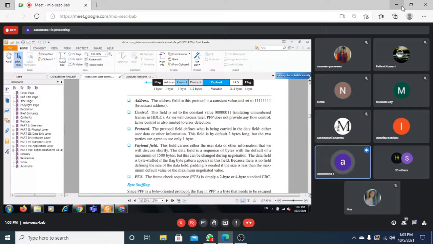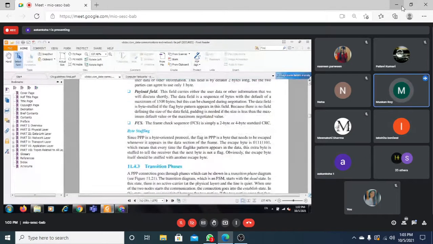Can you give me an example of an escape sequence? Yes, Muskan, can you give me an example? A backslash and then backslash T, something like that. Yeah, so all these are basically escape sequences.